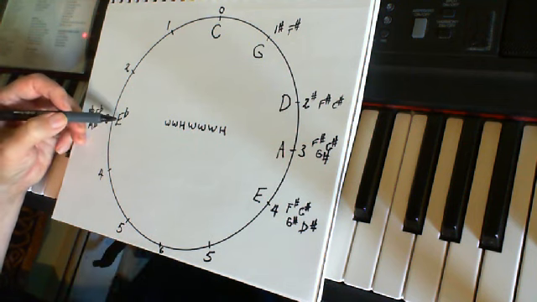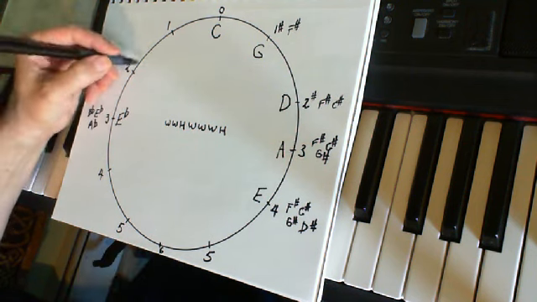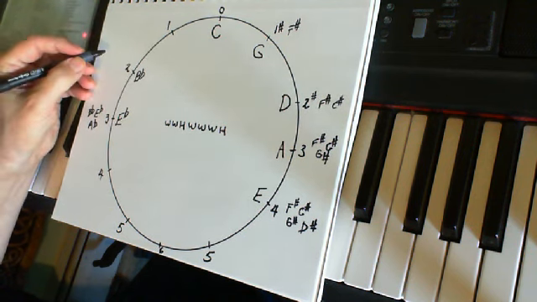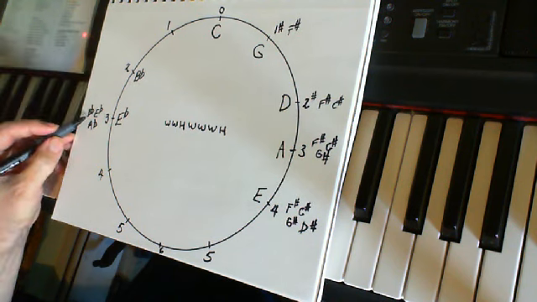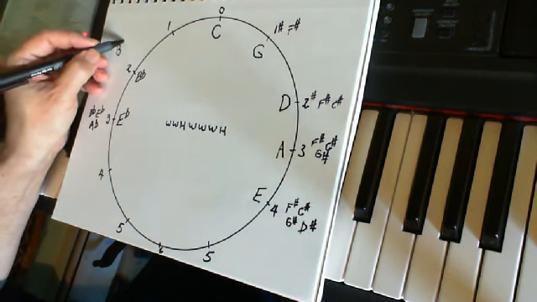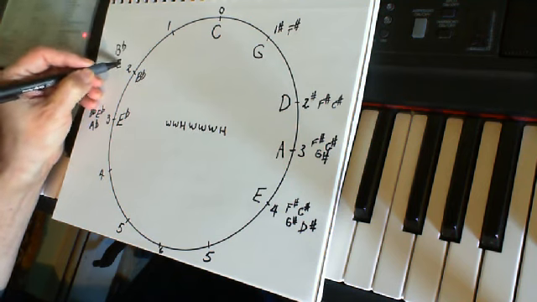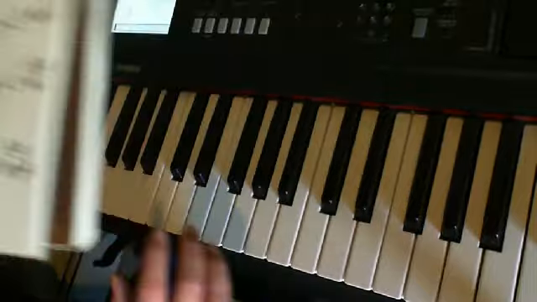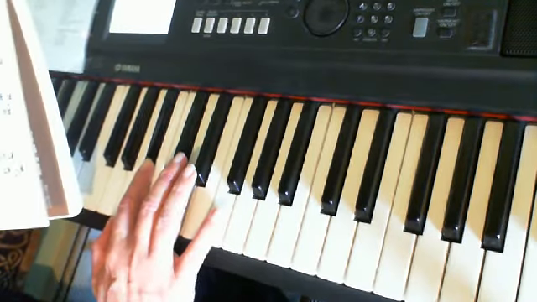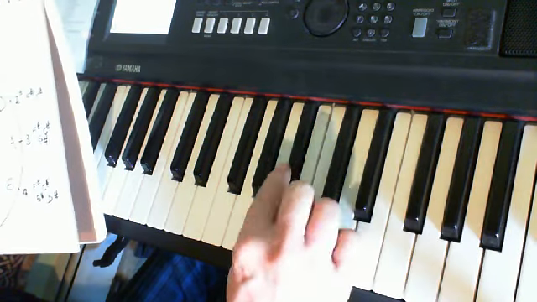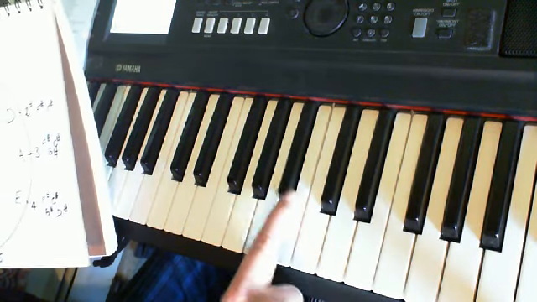Then 5 up from E flat is B flat. All right, and we have 2 flats, which are B flat and E flat. I'll show you 2 flats. We're going to start with B flat. We're going to go up to B flat. All right, 2 flats.